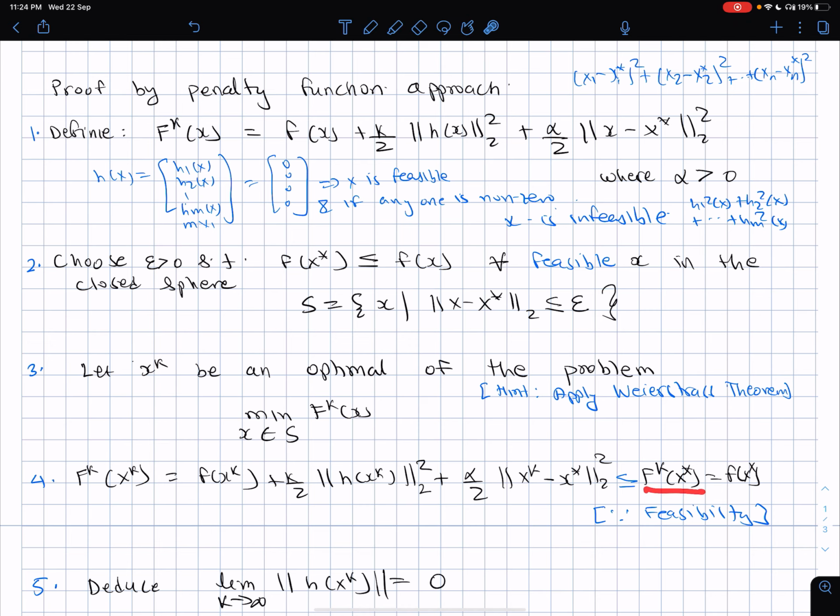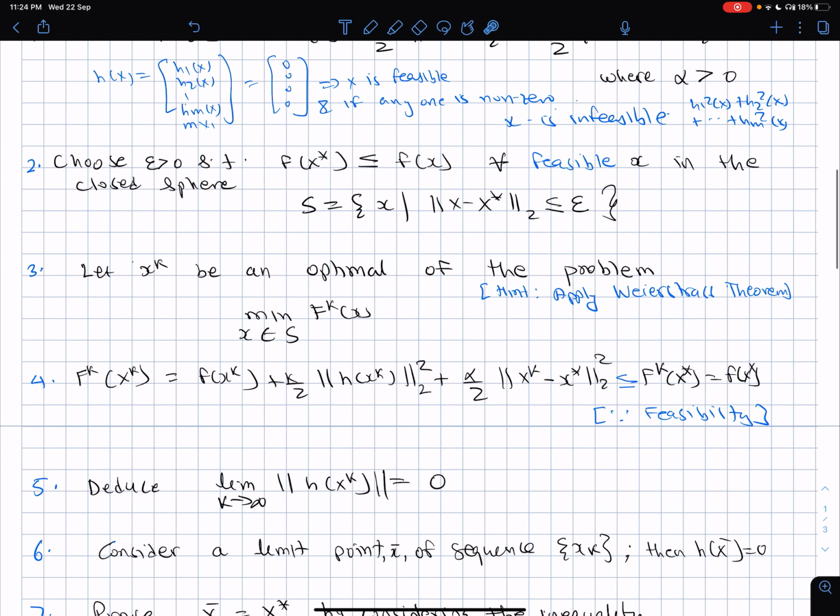But when I calculate fk of x star, that is, I substitute x star here, what happens? The first term becomes f of x star. The second term becomes 0 because x star is a feasible point, so h of x star is 0. The second term vanishes, the third term also vanishes. So fk of x star is going to be f of x star itself, and therefore I get that fk of xk is less than or equal to f of x star.